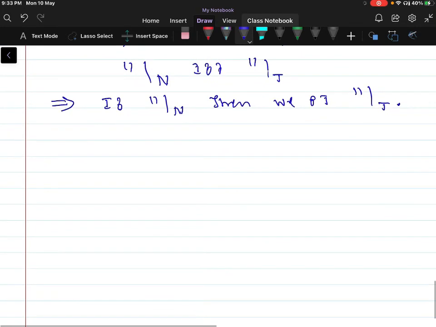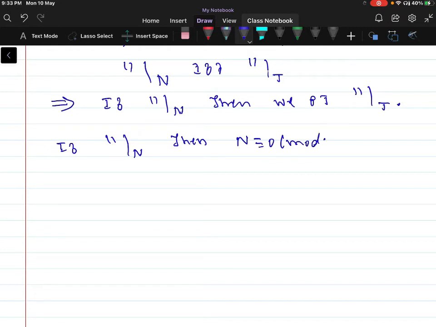So let us assume that 11 divides n. Then by using the definition of congruences, n is congruent to 0 modulo 11.